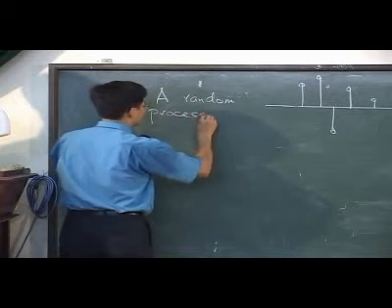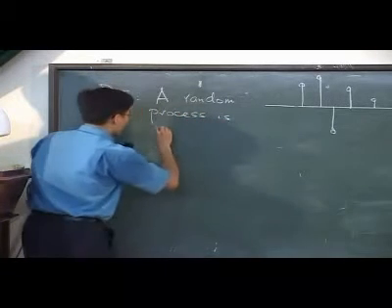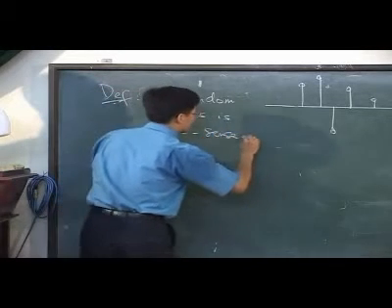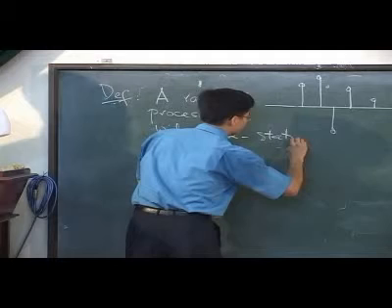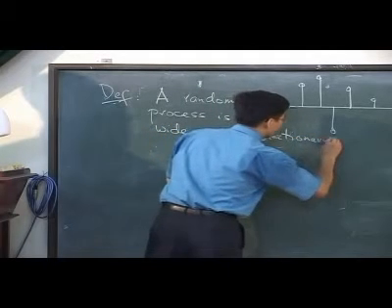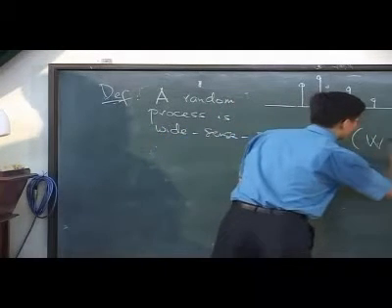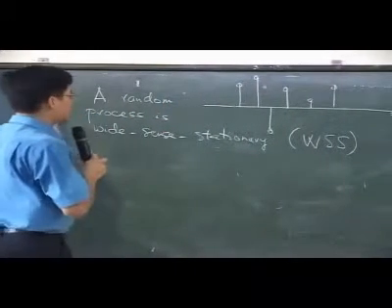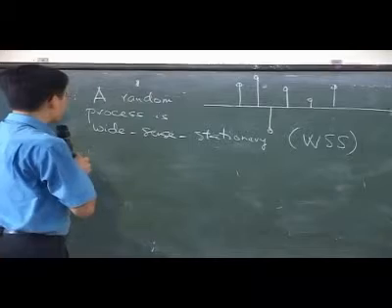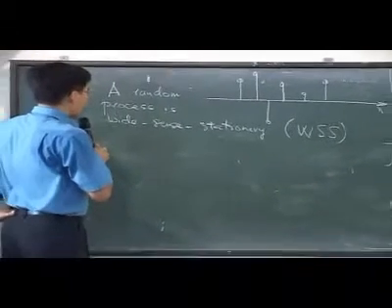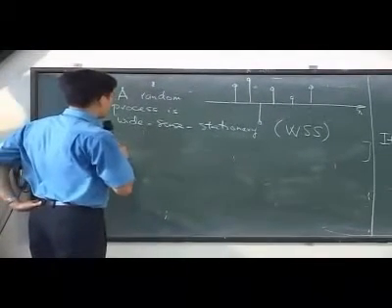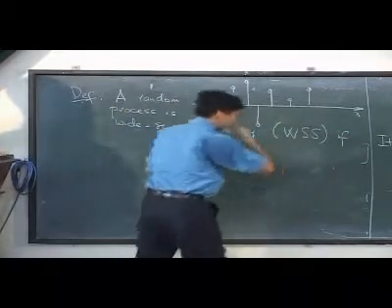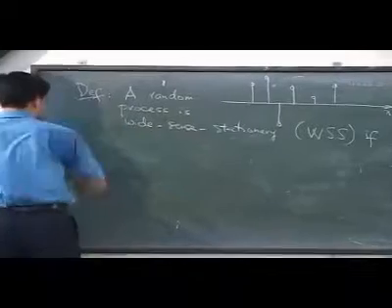A random process is wide-sense stationary. Okay, so WSS. It is a wide-sense stationary process. So for engineering we need to use two things.